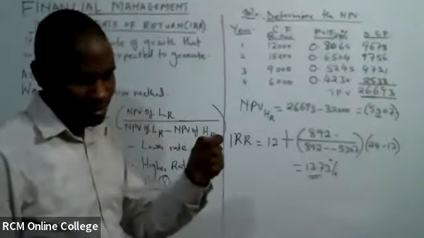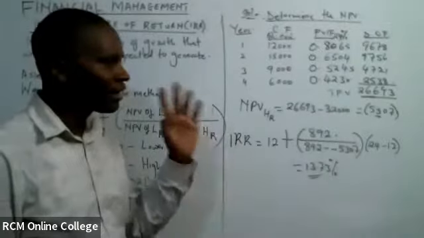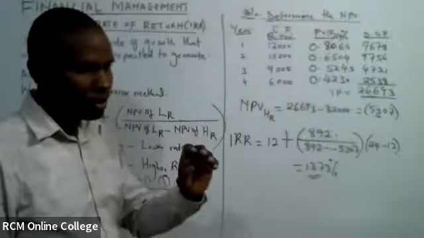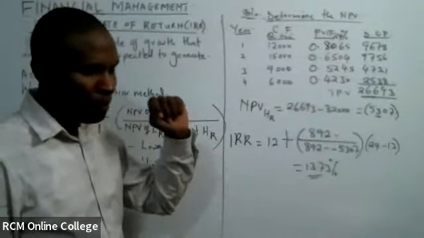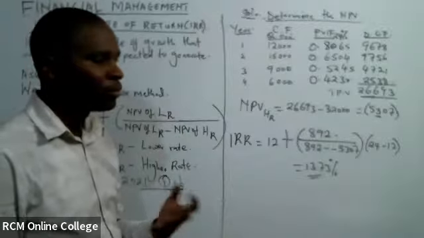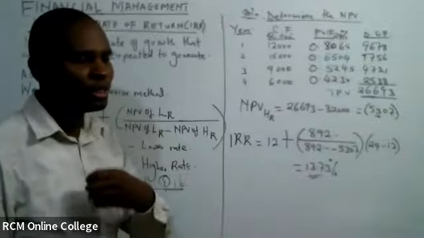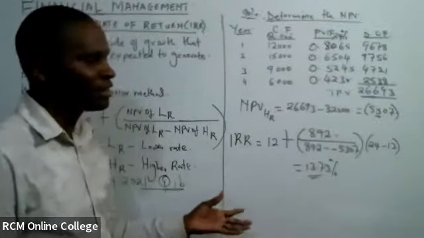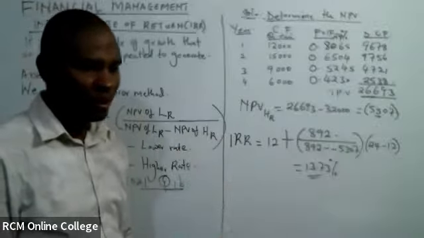We recalculate or increase the rate in order to get a negative NPV or zero. And that's where we say that we use the trial and error method. We shall not start testing 13%, 14%. That will be wasting our time.